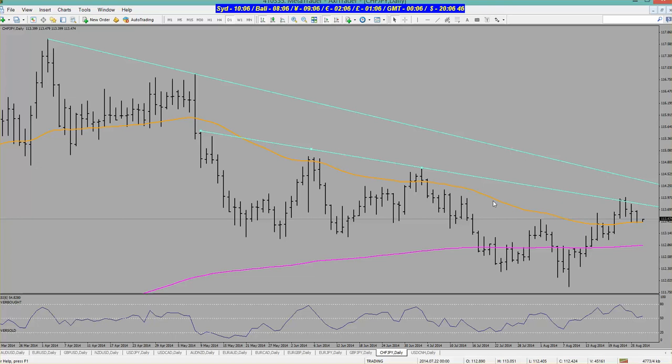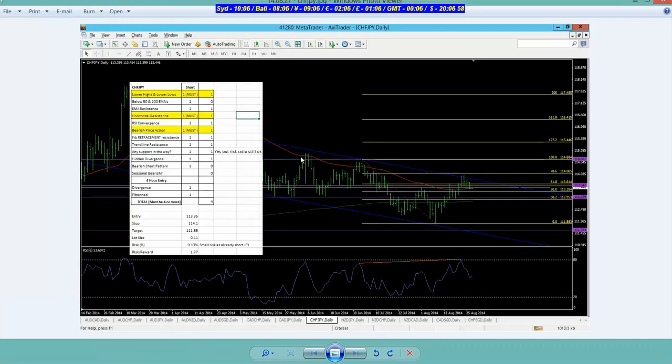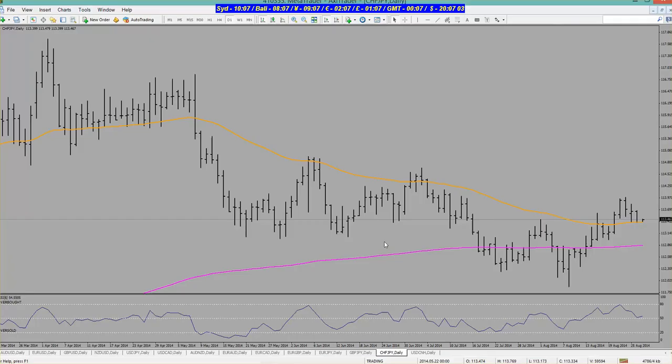If that's what you've done, I don't know about that trend line. I think that's a bit sketchy taking that one there. Unless you've done the bottom one and saying that that's a channel.